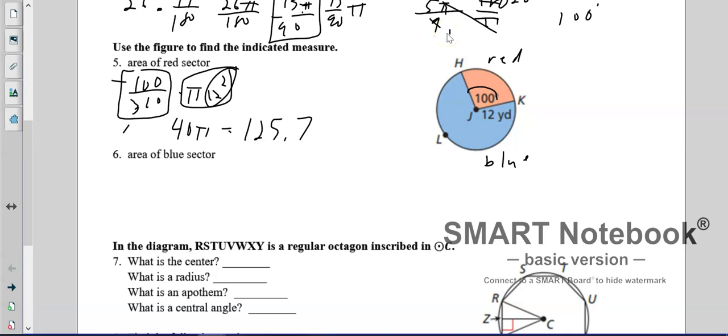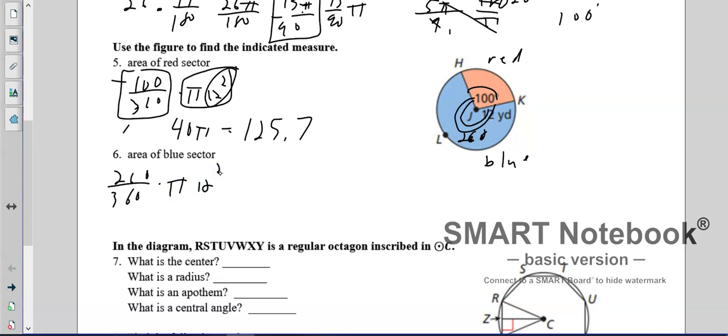So if we know that's 100 and there's 360 in the entire circle, that means this is 260. Right? So we're going to do the exact same problem. 260 divided by 360. Now, I don't know why I wrote equals. Times pi, again, 12 squared.